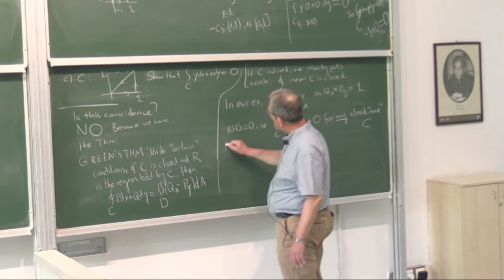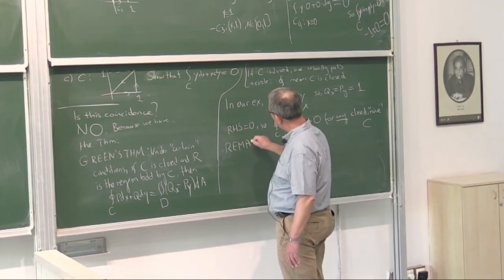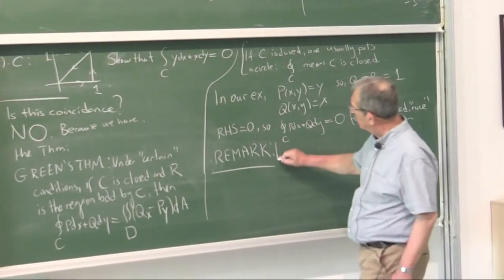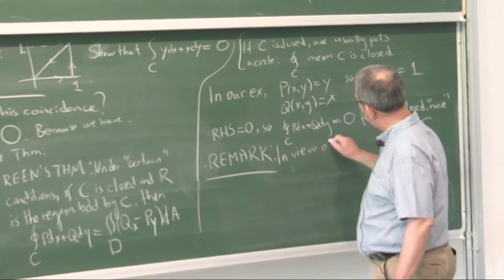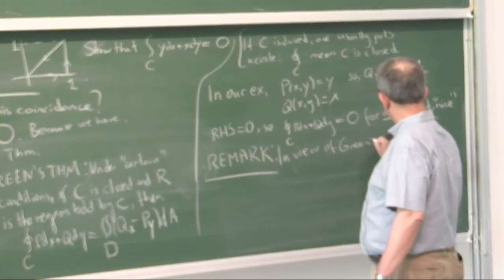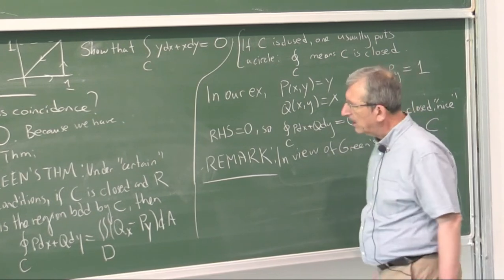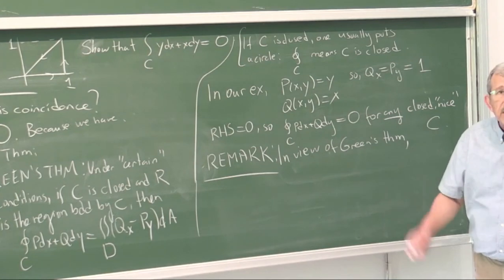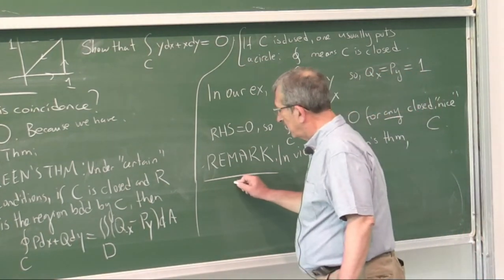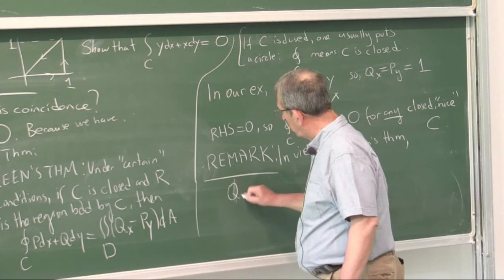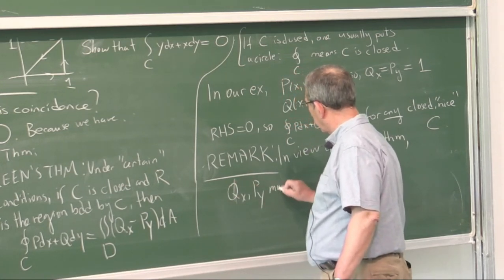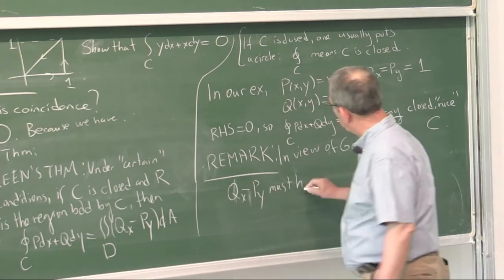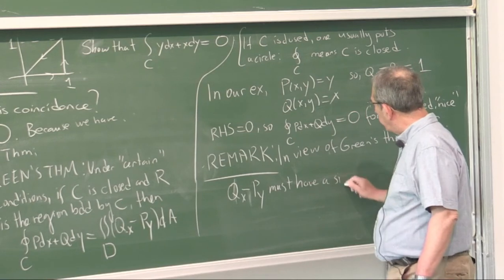Well, a last remark. In Green's theorem, Q sub x and P sub y must have a significance. Actually, even the difference must have a meaning.